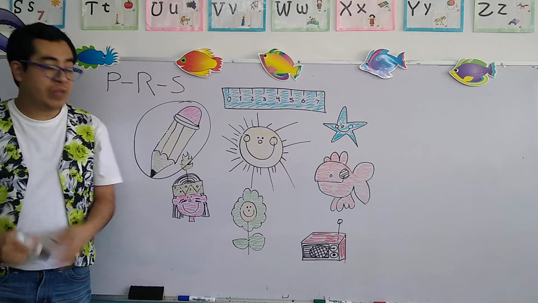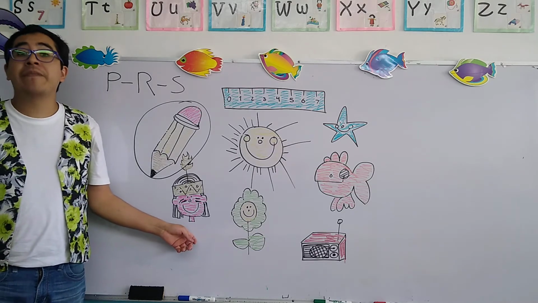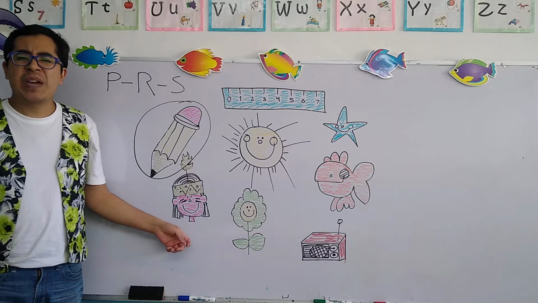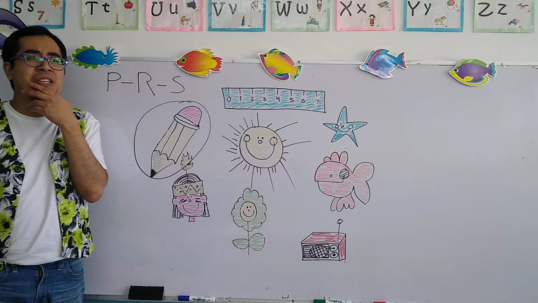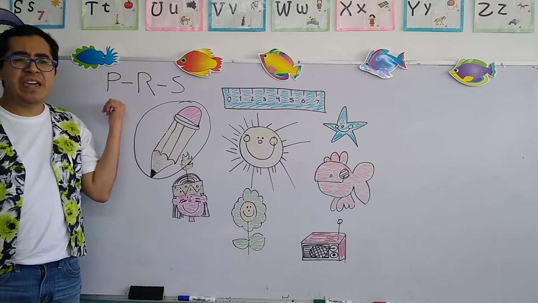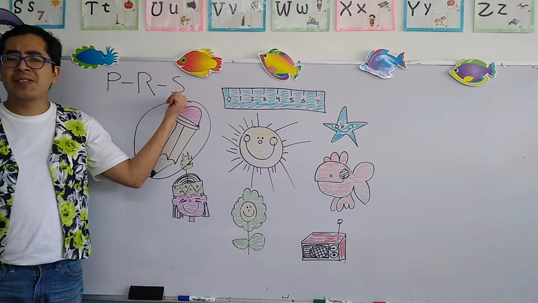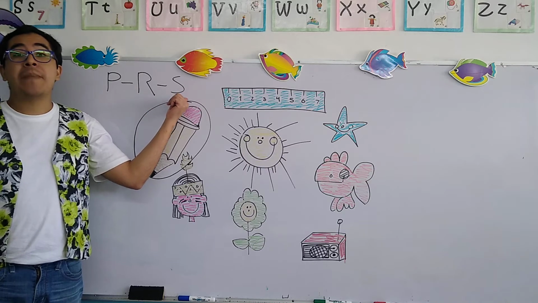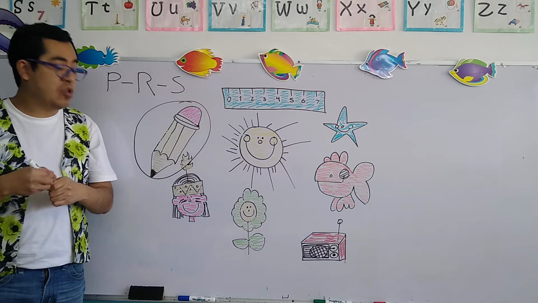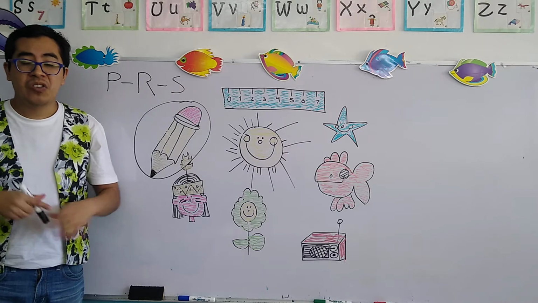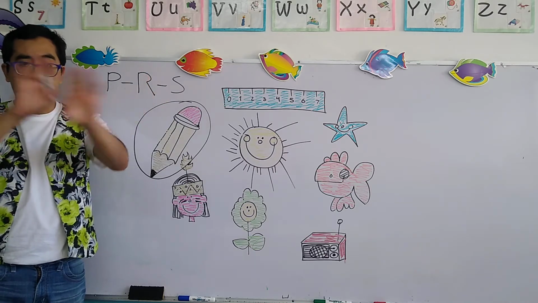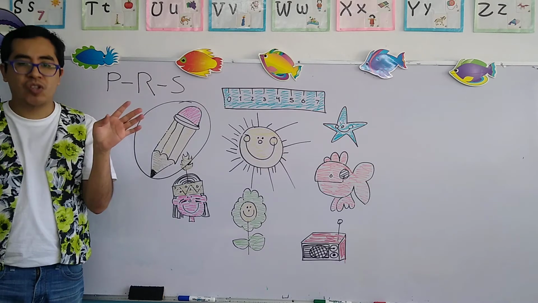Let's continue with the second object. Here we have the Indian. Now, Indian, does it use the P, the R, and S? No, because remember the Indian uses the letter I. So you don't paint it, no lo colorean, I don't circle it.